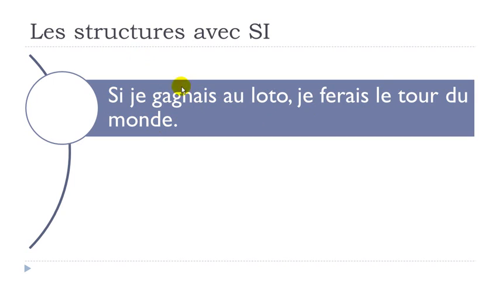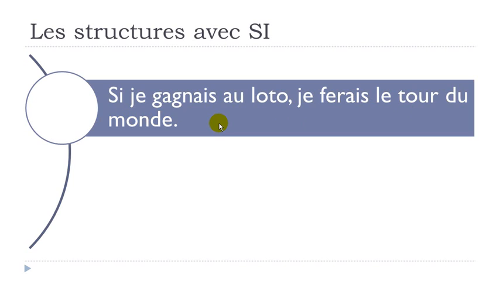Si je gagnais, gagner is to win, au loto, je ferais, it's the conditional form of to do, faire, so I would do, le tour du monde. Okay, so I would travel around the world if you want, but then in French we would use this, je ferais le tour du monde.